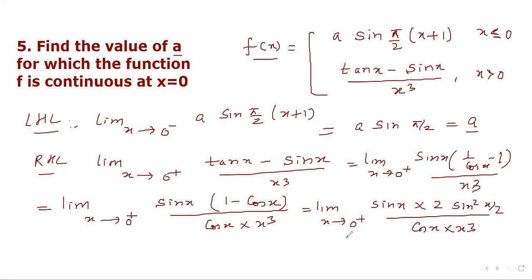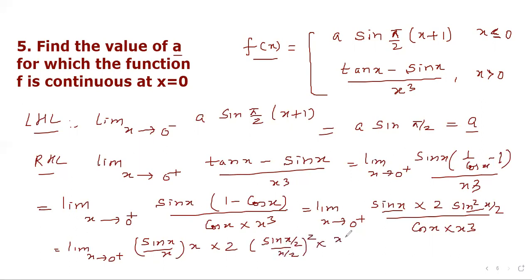Now we have to make these terms 1. So for that purpose, we write limit x tends to 0 plus, sine x upon x times x, into 2 times (sine x by 2 divided by x by 2) whole square times x square by 4, whole divided by cos x times x cube.